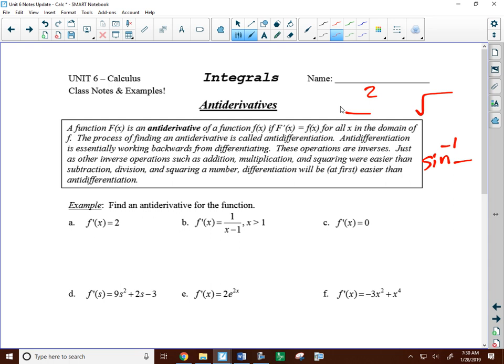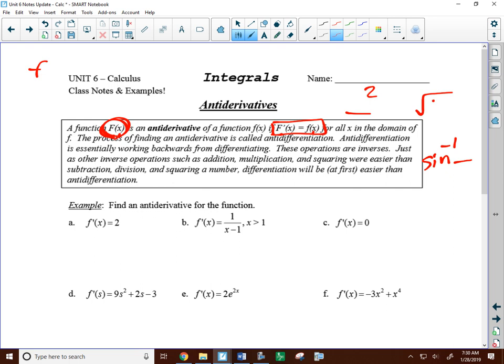Let's see if there's anything else I want to say here. So function, usually we're going to say, I did something a little different here, but if you see capital F, so if your original function was f, capital letter means it's the antiderivative of that function. So therefore, if you did the derivative of your antiderivative, it would take you back to the original function.